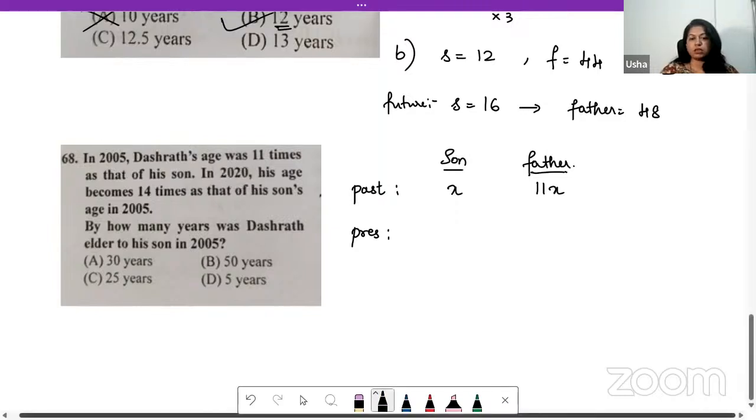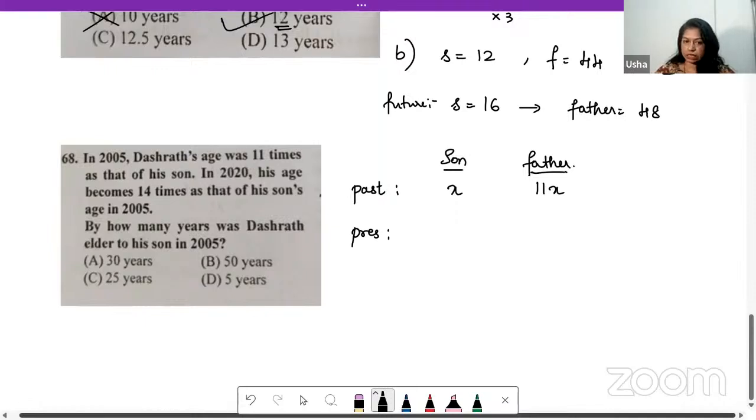Between this past and present, what is the difference? How many years is the difference? How many years difference do we have? Anybody? Yes, anyone who's attending the session?